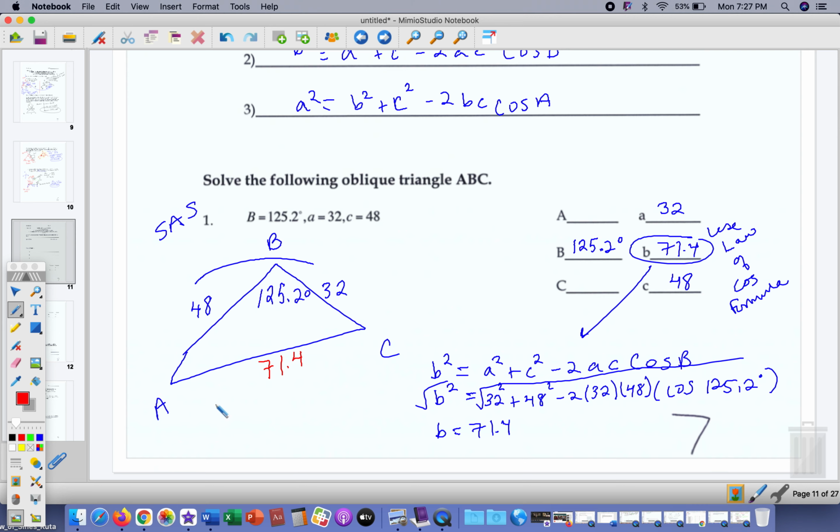We can do little b, which is 71.4, over sine of b is equal to little a over sine a. If we solve, we'll get a is 21.48.